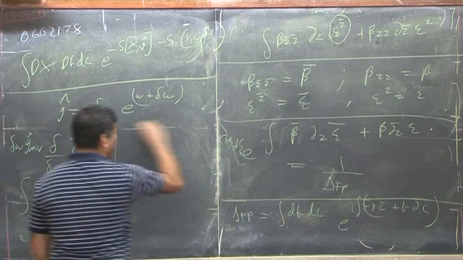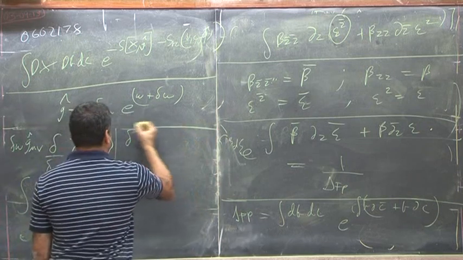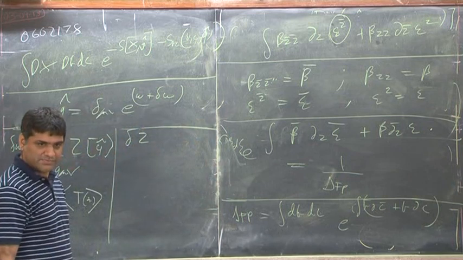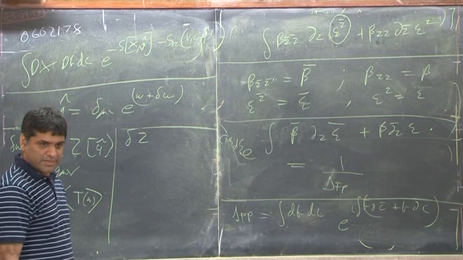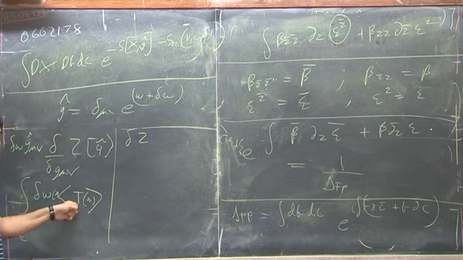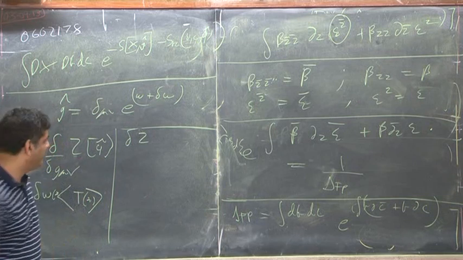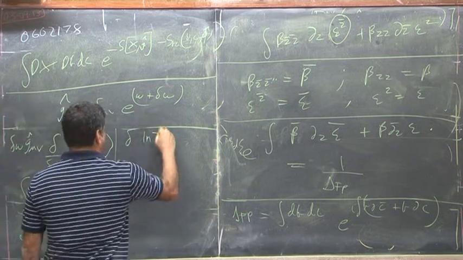So we've got this lovely formula which tells us delta Z. Really, if by expectation value we mean expectation value divided by the partition function, this will really be delta log Z.